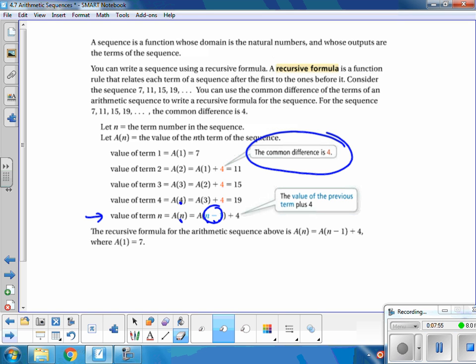My fourth term is 4 minus 1, which is 3. My third term is 3 minus 1, which is 2. My second term is 2 minus 1, which is 1. That's happening right here. My nth term depends on the (n minus 1)th term. Because it's all dependent on the term prior, that's why I subtract 1 to get back to that previous term.